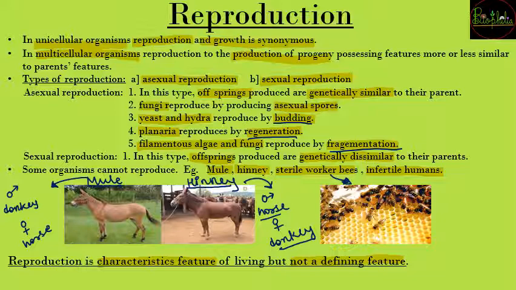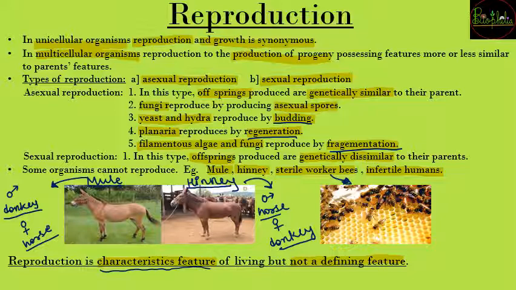So new mules need to be produced by the cross of male donkey and female horse. And because of these exceptions, again it tells that reproduction is only a characteristic feature and not a defining feature.